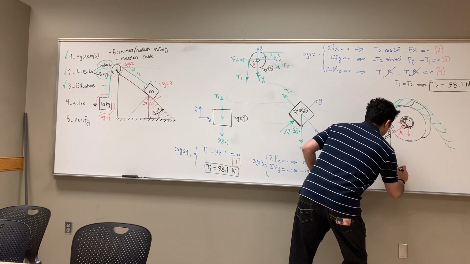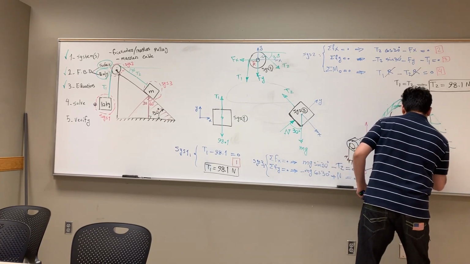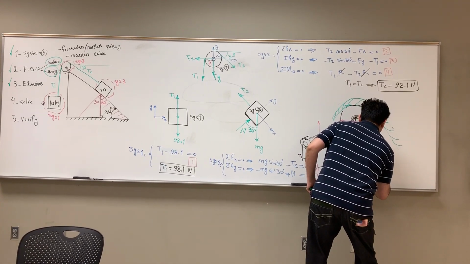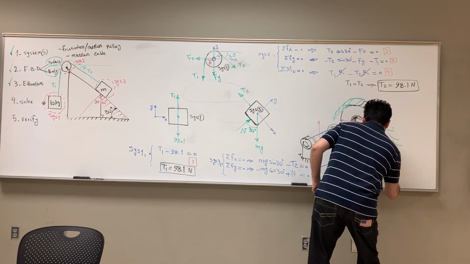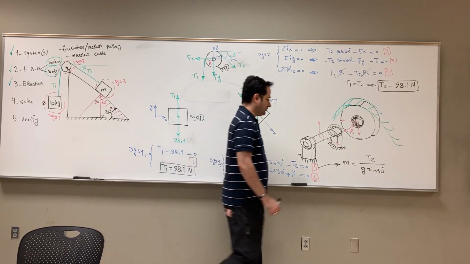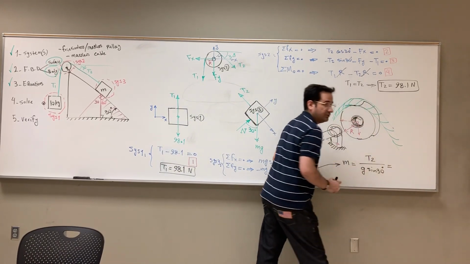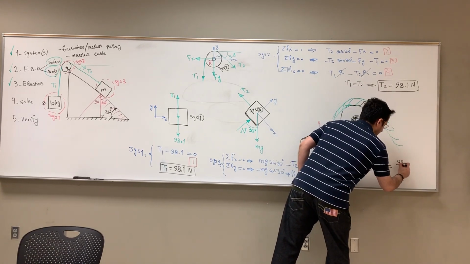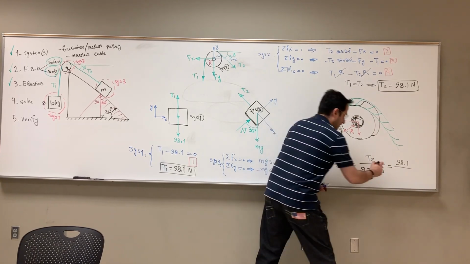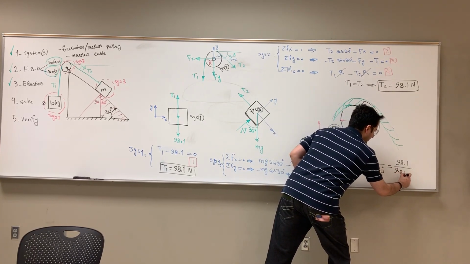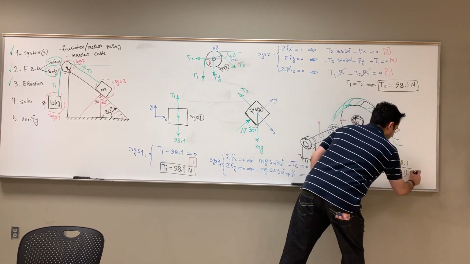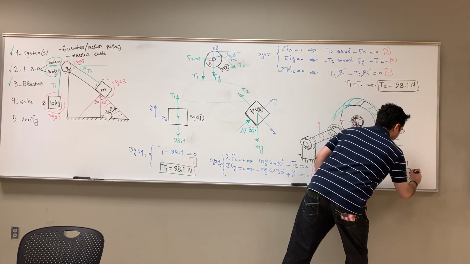M is equal to, take T2 to the right, T2 over g sine 30. You see that? I solve for M: T2 over g sine 30. Just substitute the value. What's the T2? 98.1 divided by g, 9.81, times sine 30, which is half.